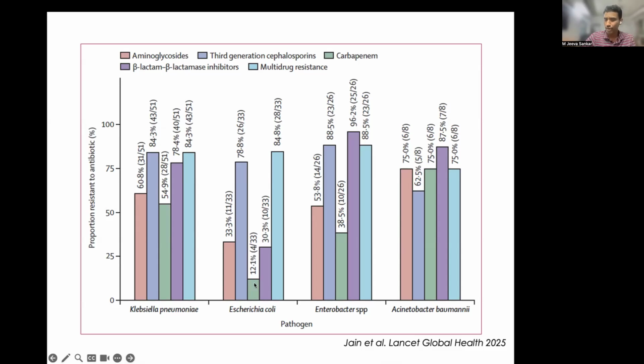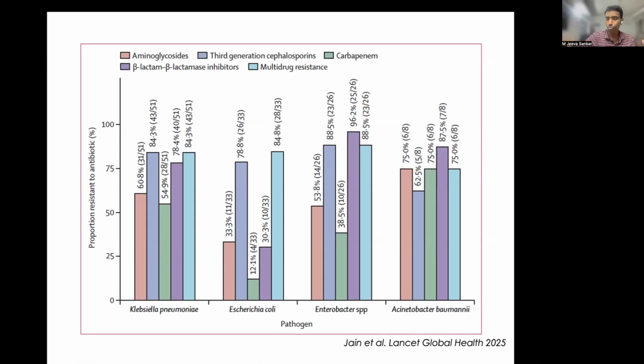E. coli is slightly better, only 12% resistant to carbapenem, but still 84% multi-drug resistant. Enterobacter, around 40% carbapenem resistant and about 90% multi-drug resistant. And Acinetobacter, 70% multi-drug resistant and about 75% carbapenem resistant. So the issue of antimicrobial resistance is not restricted to level 3 or tertiary care units. This resistance pattern is spilling even onto district hospitals.